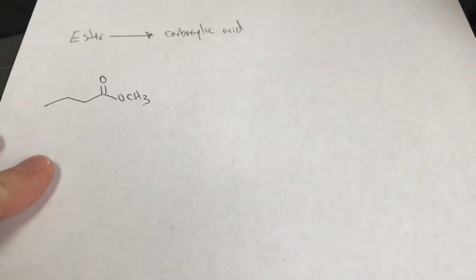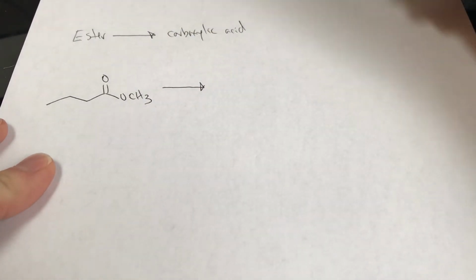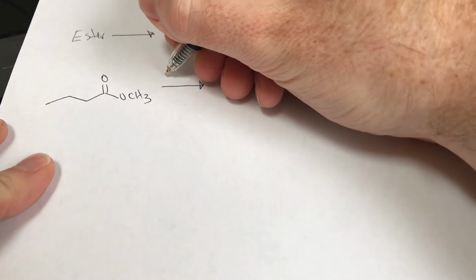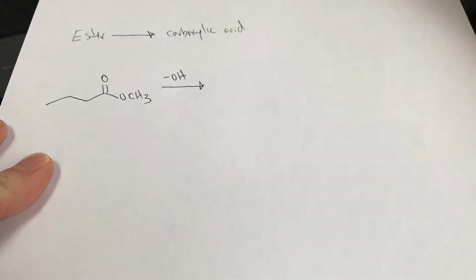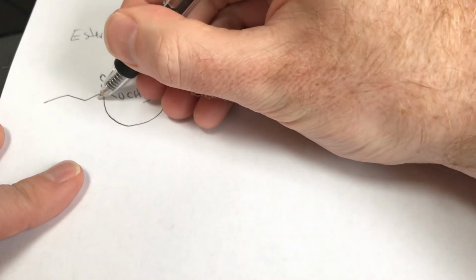just any old ester, and react with a strong base, let's use sodium hydroxide, which we'll simplify to hydroxide. And it's going to follow that first usual step.